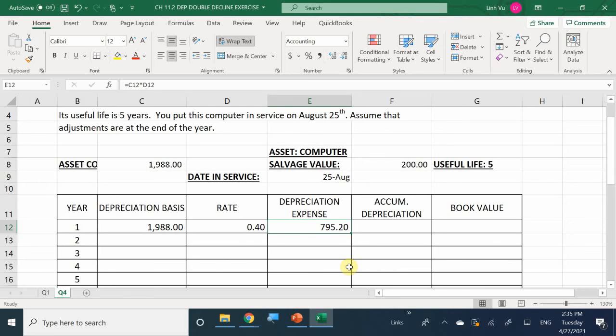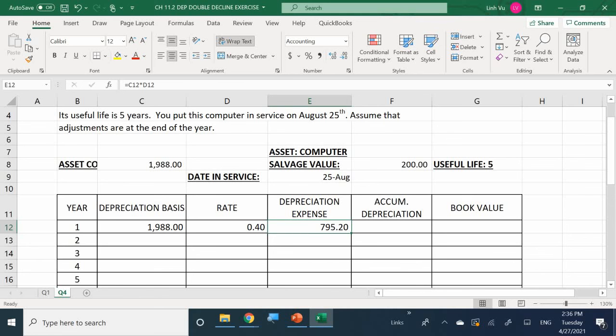So just by calculating the basic number for the whole year, it should be worth $795.20. That is to depreciate it for the whole year. I need to adjust it because it's not even a year old. It's only 4 months old. You said 1/3 of the year.